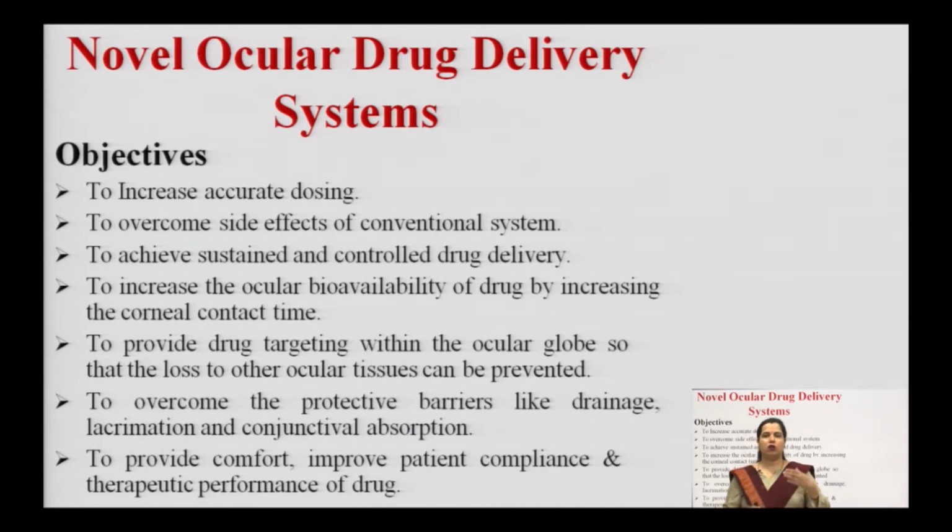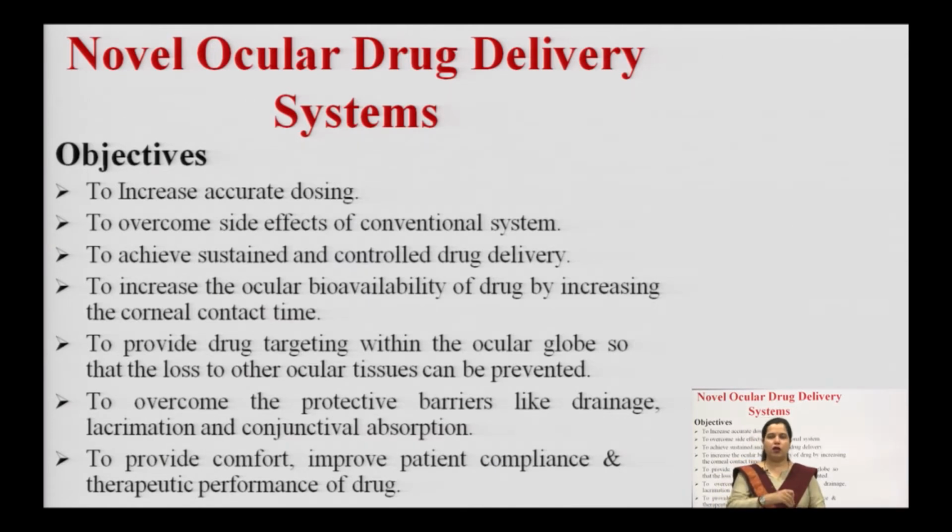This results in poor bioavailability, and only a low percent of the drug can pass through the corneal or eye barriers to reach the ocular region, right. So, with these problems we need to develop an alternate approach for better performance of the drug candidate within the eye. So, first is to increase the accurate dosing.